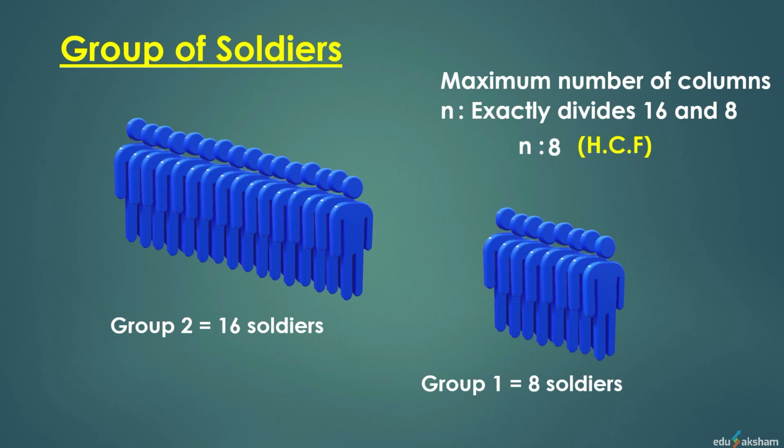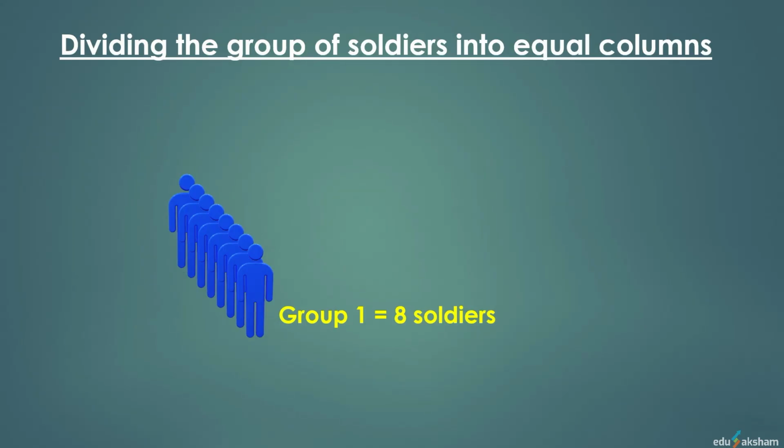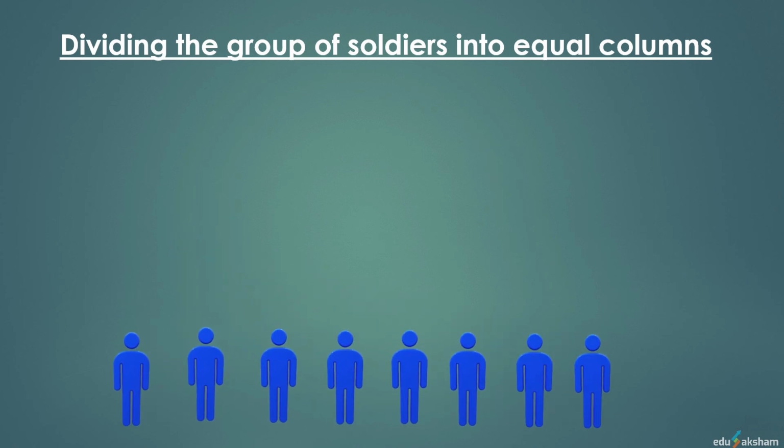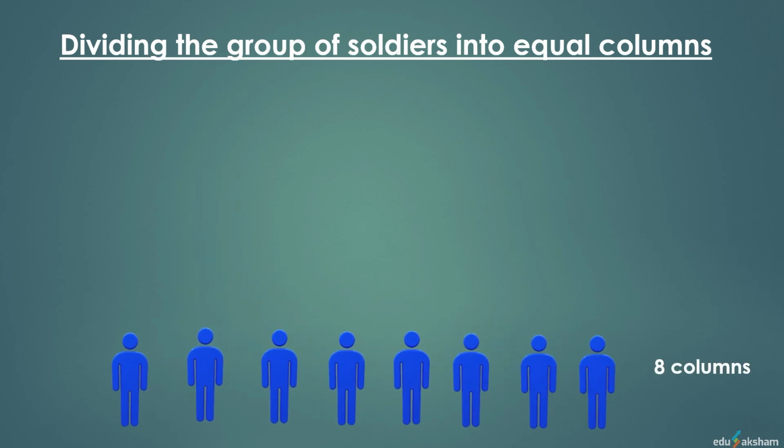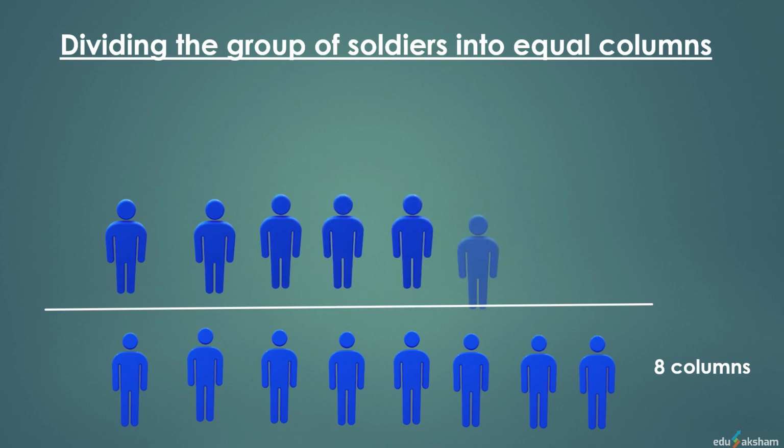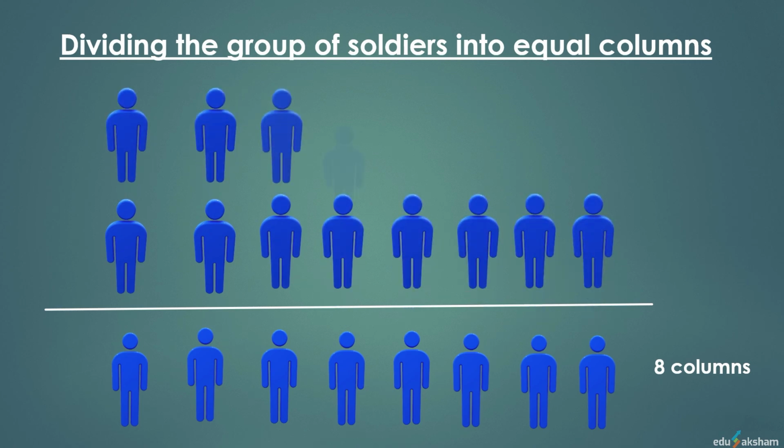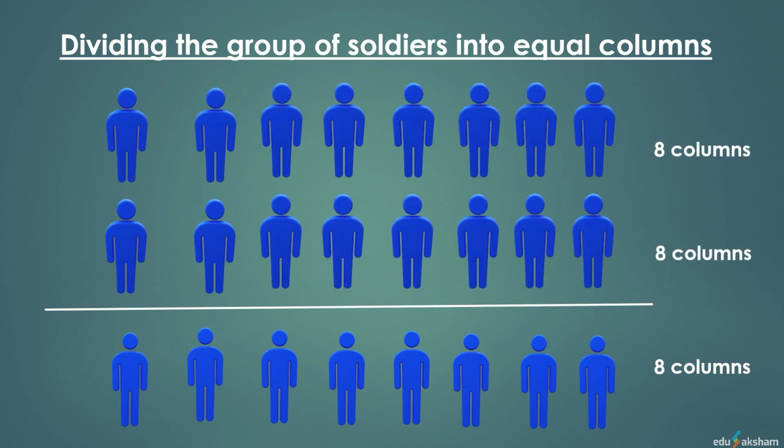Now let us see how these groups can divide themselves into 8 columns. The group of 8 soldiers can divide themselves into 8 columns, where each column consists of 1 soldier. And Group 2, which consists of 16 soldiers, can divide themselves into 8 columns, in which each column consists of 2 soldiers.